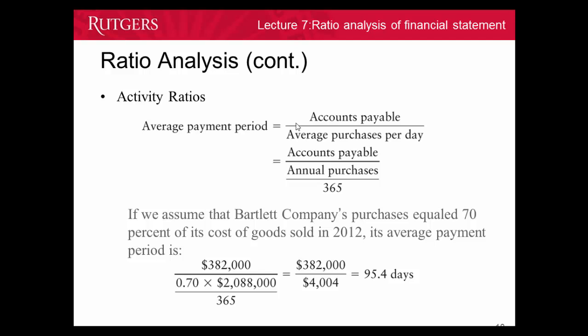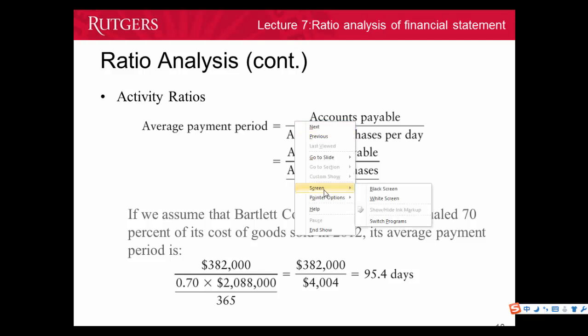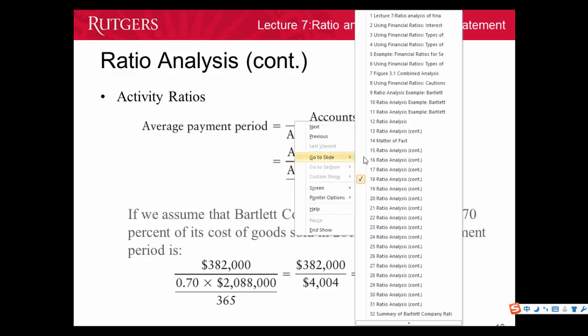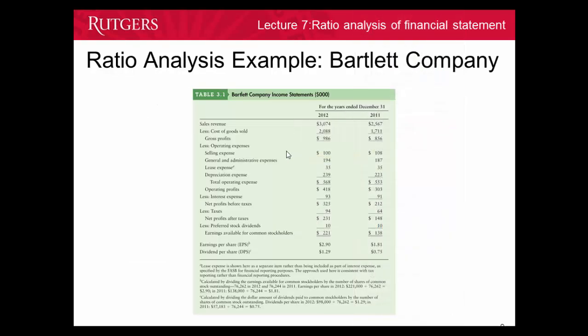So now what we need is to first get the cost of goods sold. And as can be seen here, it is 2,088,000, and we multiply this by 0.7 and divide it by 365.